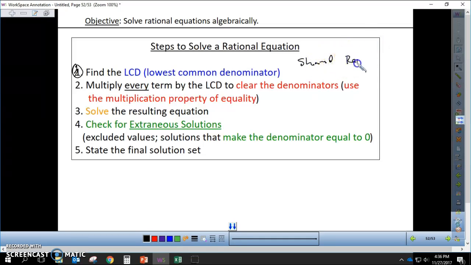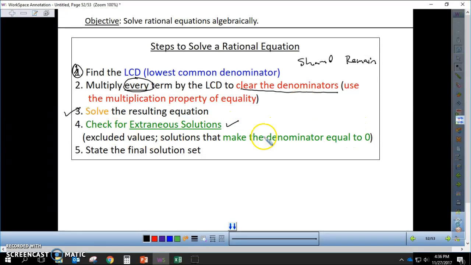We'll find our remaining factors, and that's our LCD. Once we have our LCD, we'll multiply every term by the LCD to clear the denominators. That's our goal. Get rid of your denominators. Once we have that, we can easily solve the resulting equation. Last but not least, we need to check for extraneous solutions.